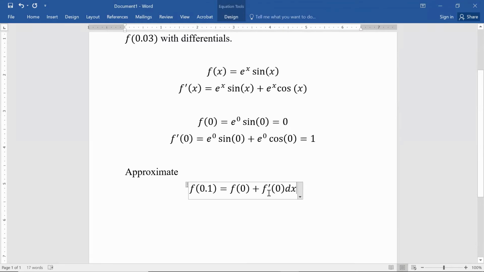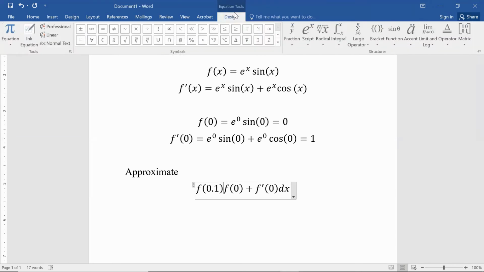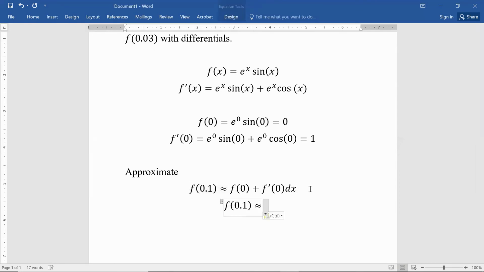I should have once again written that this is an approximation, so I'll use this symbol here. f of 0 we know is 0, f prime of 0 is 1, and in this case dx is 0.1. So f of 0.1 is approximately 0.1.